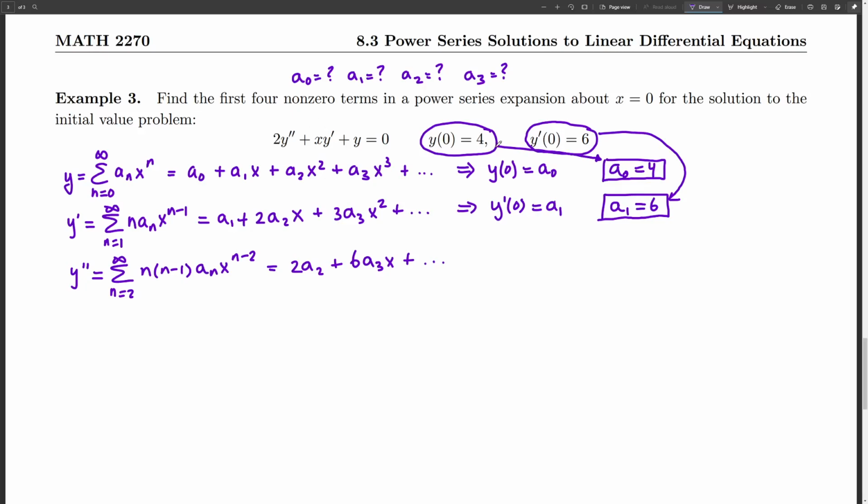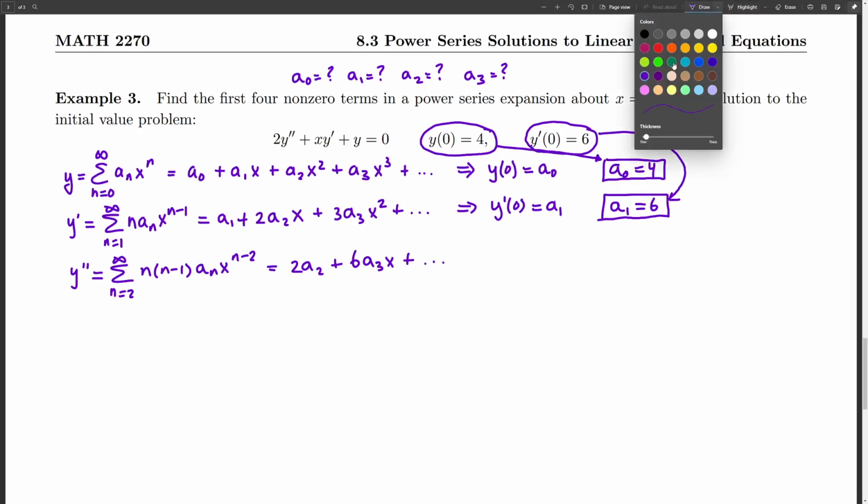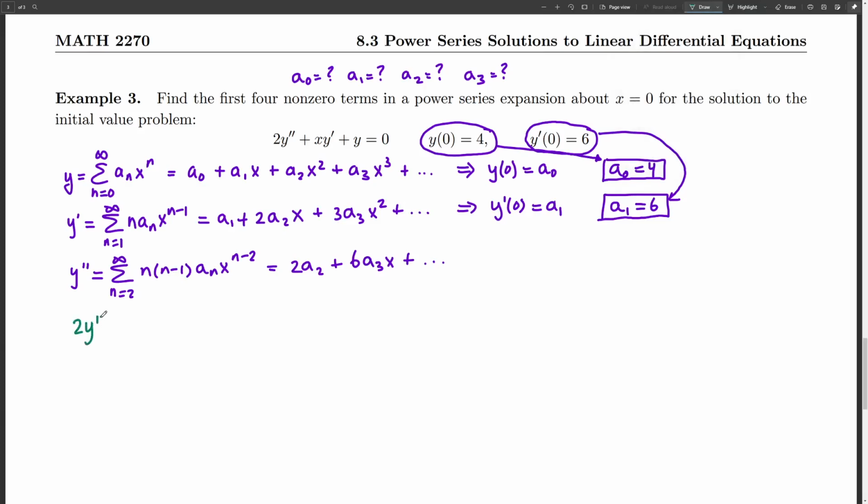So plug that into our original differential equation, which is 2y double prime plus x times y prime plus y equals 0.